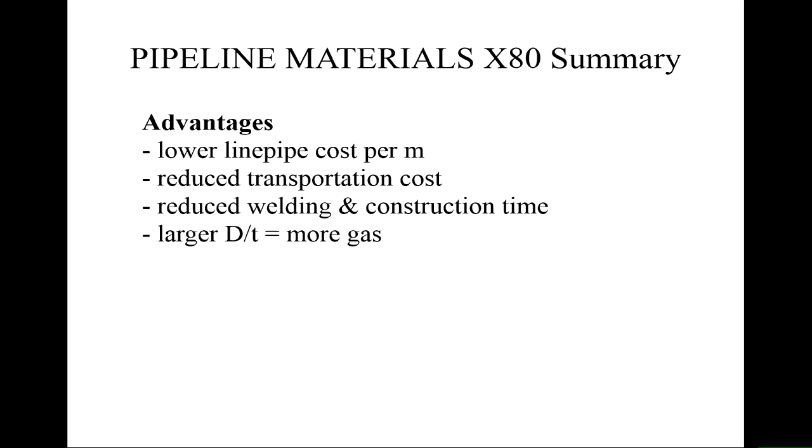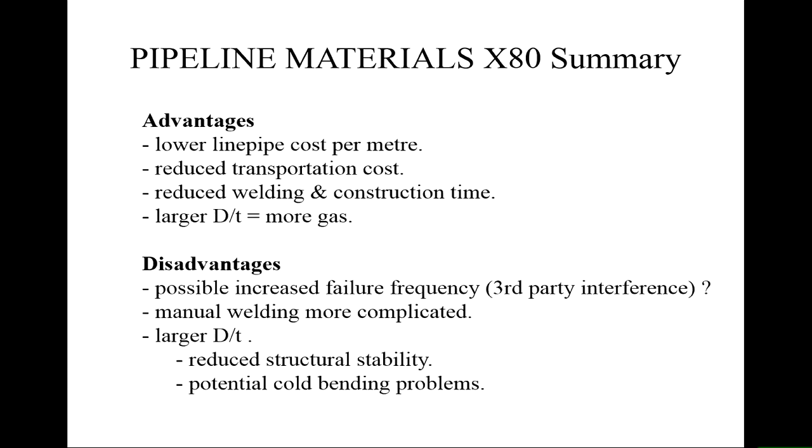So of all these advantages, that's great, but of course there are some disadvantages. Possible increased failure frequency. You've got less margin for error with an X80 thin wall pipe than you have with an X65 pipe. If somebody comes along and drives a car into the pipeline or something like that, or earth moving equipment digging a trench for some other utility hits the gas pipe, there's more chance that it's going to fail.